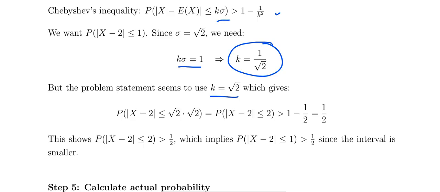Okay, k sigma, so k equal to root 2, that is less than or equal to 2. So greater than 1 minus 1 by 2. If you put root 2, the 1 minus 1 by 2 is 1 by 2. So P of mod of X minus 2 less than or equal to 2 is greater than 1 by 2.